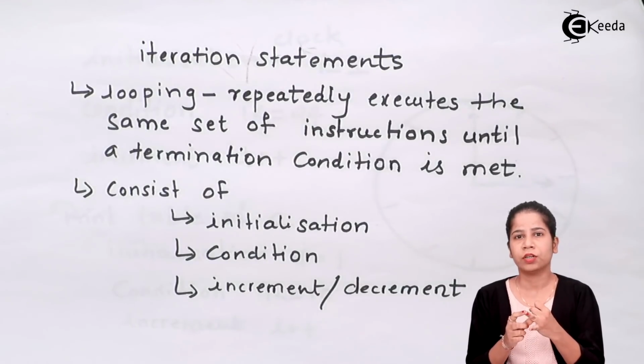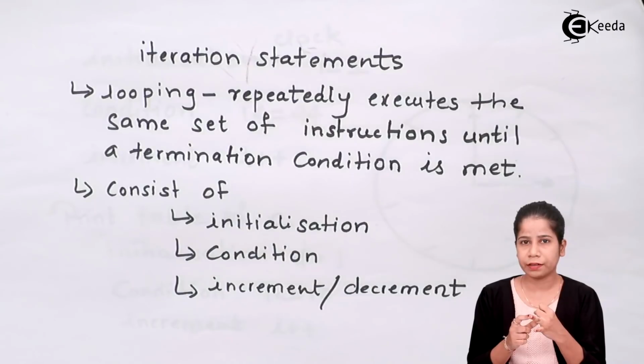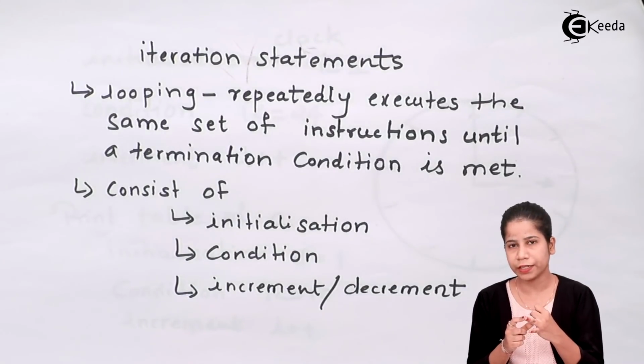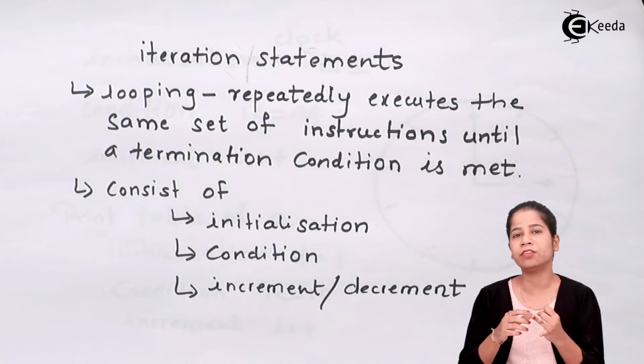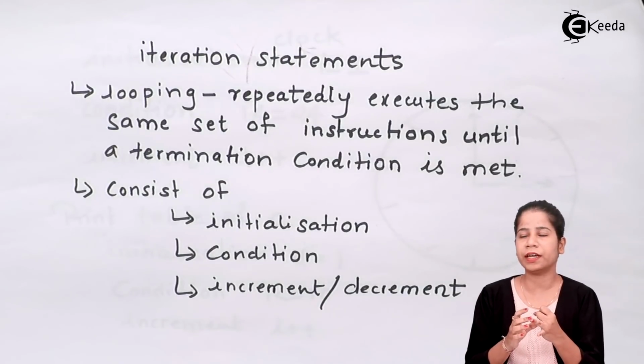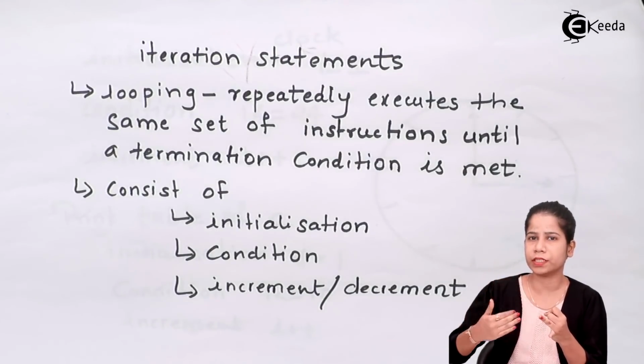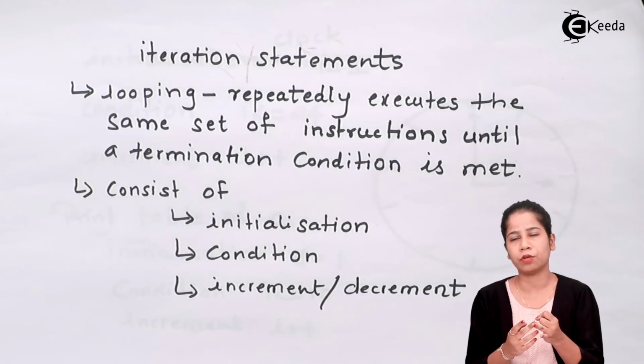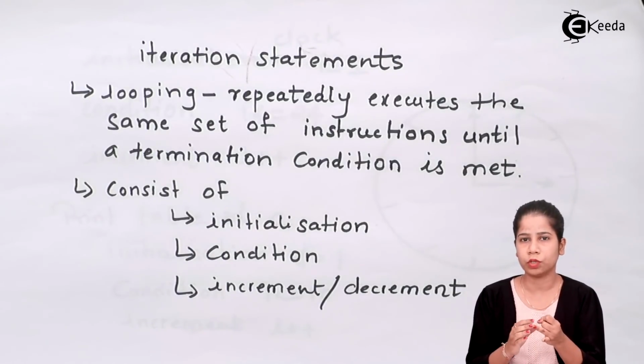Second thing, you have to take care where this task should stop, right? Otherwise it will cause infinity, I mean it will infinitely execute the statements. So somewhere it should stop. Like in the example I gave, I want to print the table of 2.